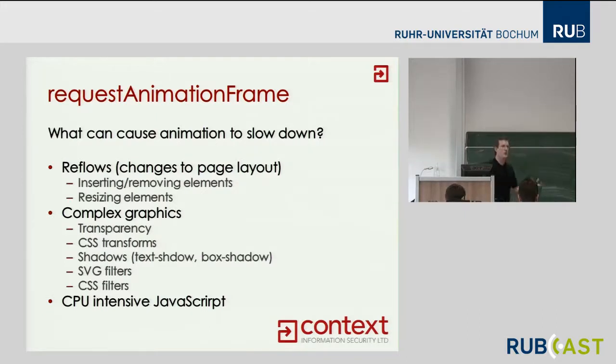There are shadows as well, so you can have shadows on text, and shadows around elements, around boxes, and depending on if these are done in software or hardware, they can really slow down the page if you have lots and lots of shadows. And then there's things like SVG filters, which we'll look at later. And of course, JavaScript itself, if there's lots and lots of JavaScript running, then that can slow down the page.